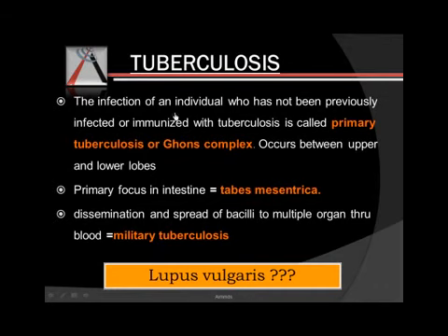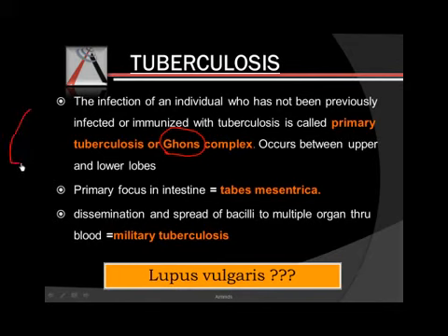The primary infection of tuberculosis is called Ghon's complex. It is seen in individuals who have not been immunized or who have not been previously infected. And this Ghon's complex occurs between the upper and the lower lobe.